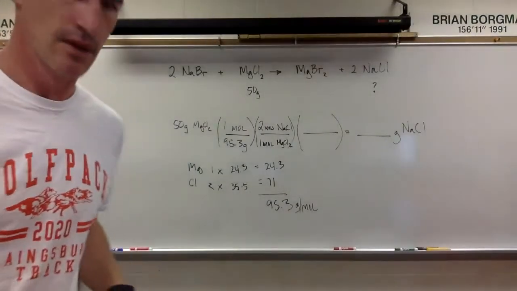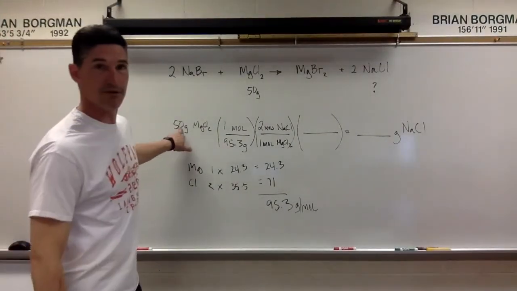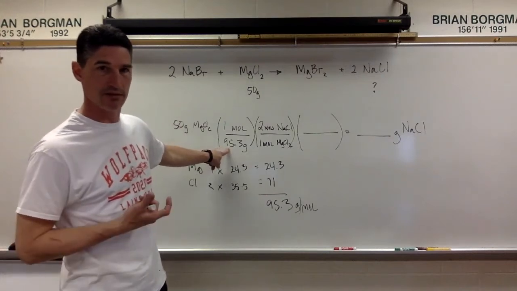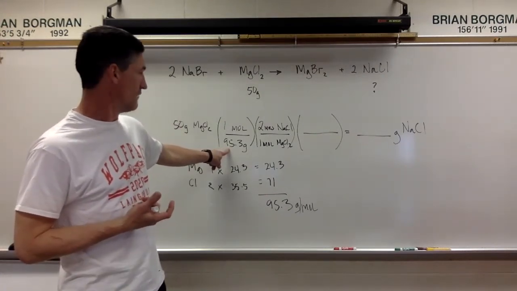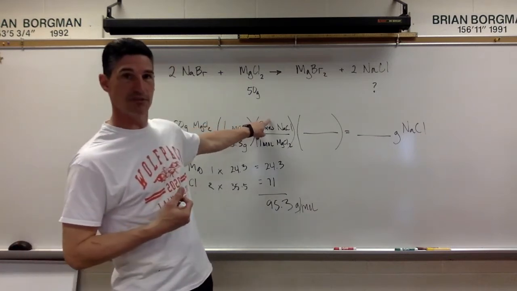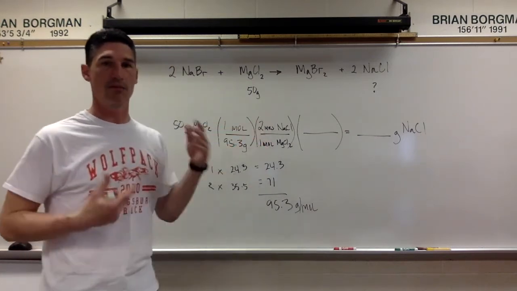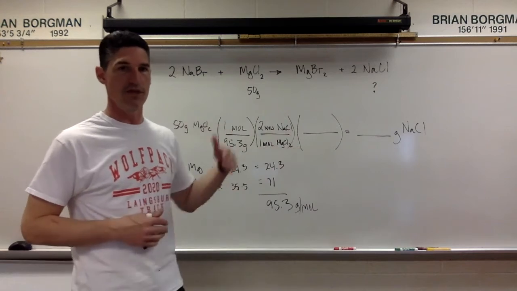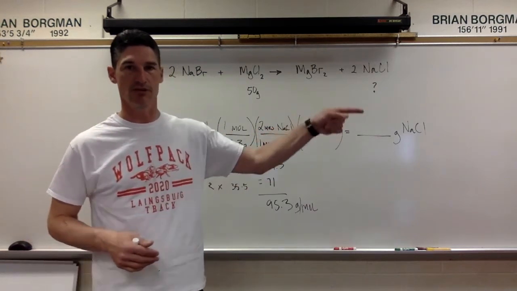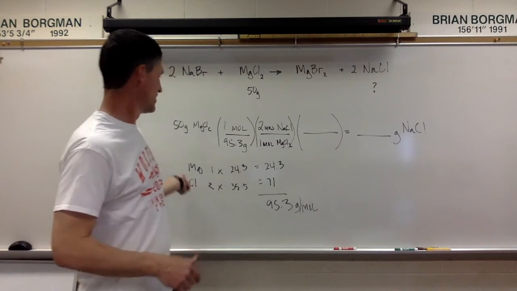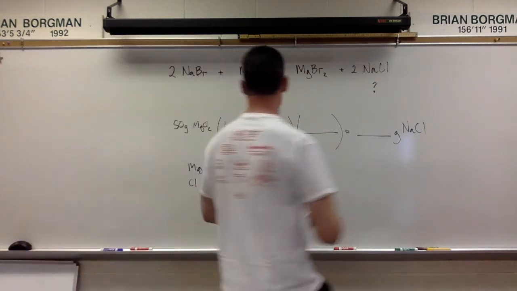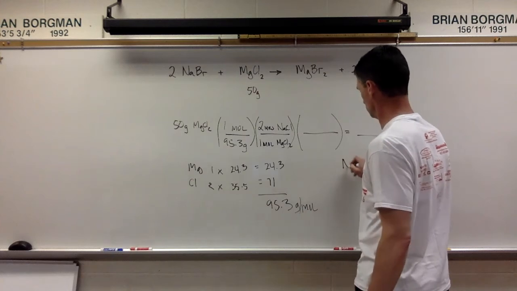If I were to take my calculator and take 50 divided by 95.3, because it's in the denominator, that gives me moles of the given. If I do my mole ratio, take that answer and multiply by 2 over 1, I am now in moles of sodium chloride. The next step is to multiply by the new molar mass to get to grams of sodium chloride. Just like I figured down here, I need to figure out the molar mass of NaCl.